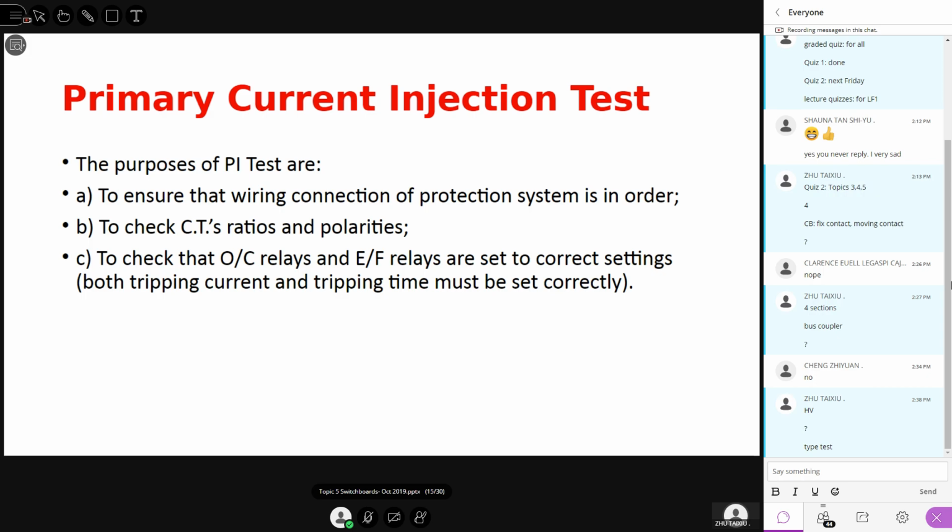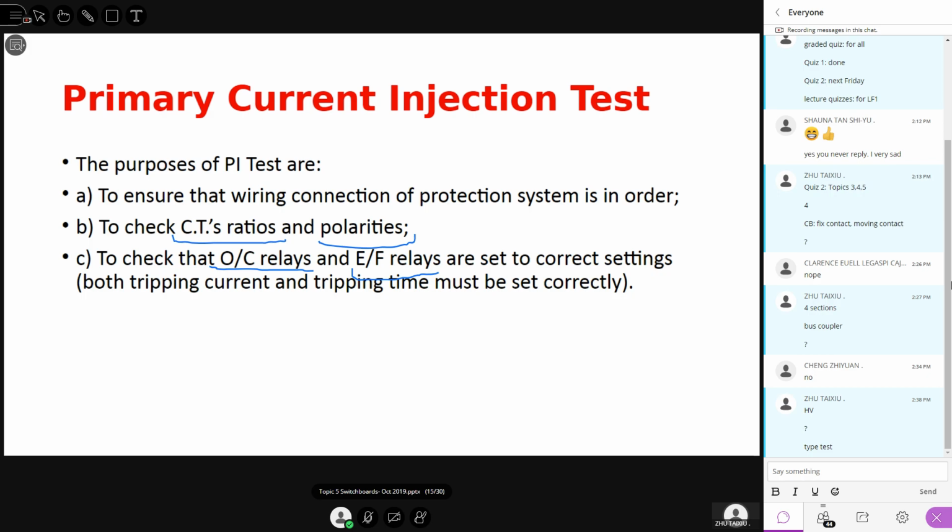Now, primary injection test, you need the device because you have to produce some current and inject it into the primary side of the CT. So basically to ensure that wiring connection of protection system is in order, and also check CT ratios and polarities, and also check overcurrent. OC means overcurrent, EF meaning earth fault. That means whether the settings are correct.